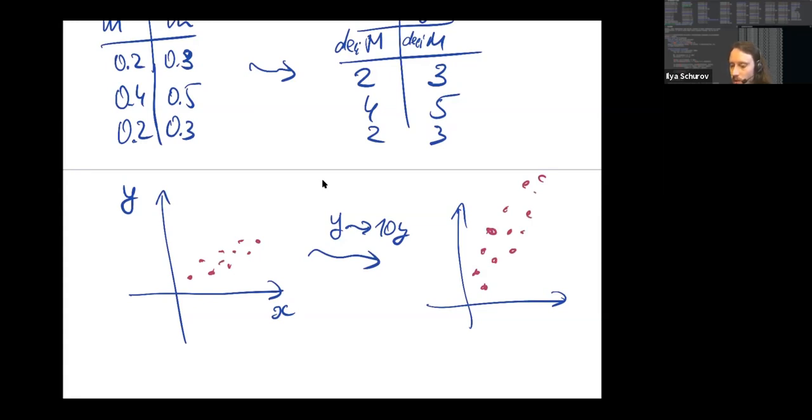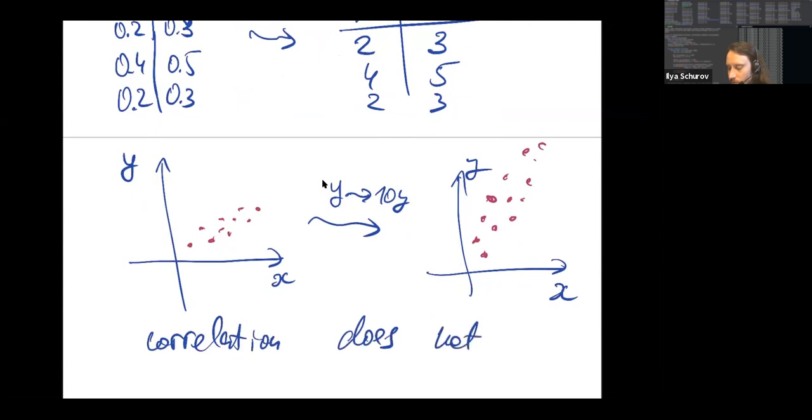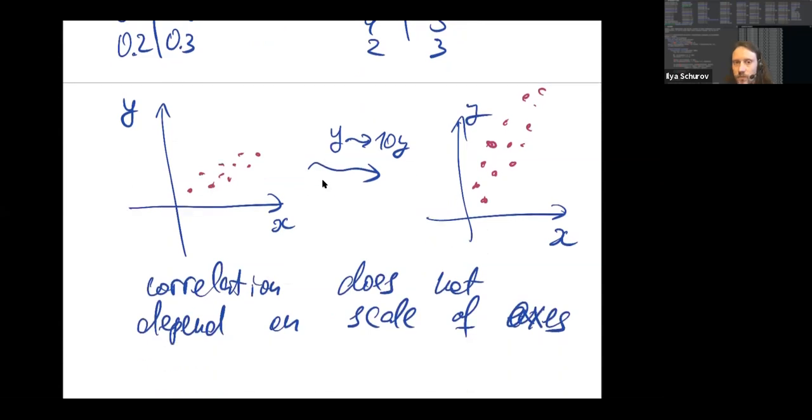So it means that correlation coefficient does not depend on the slope of this line. So correlation does not depend on scale of axis. Correlation just measures how close our points are to some straight line, and it does not measure what is the slope of this straight line.